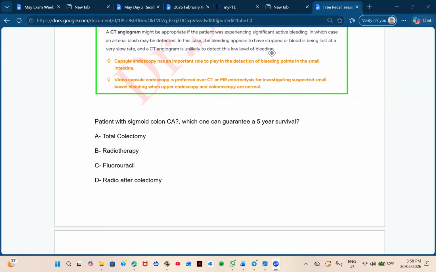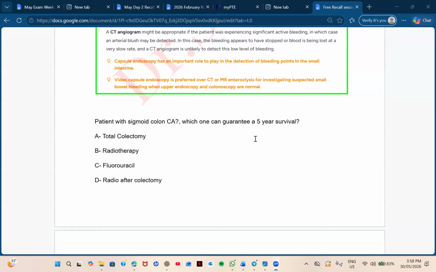Okay, what does survival mean? Five year survival means the patient lives for at least 5 years after being diagnosed or after being treated for the disease, right?